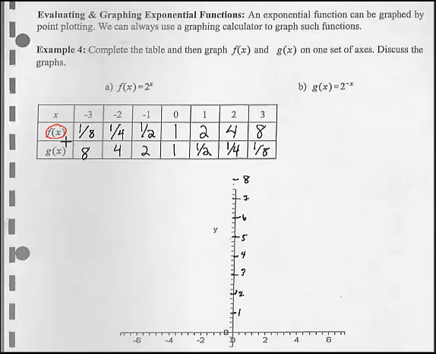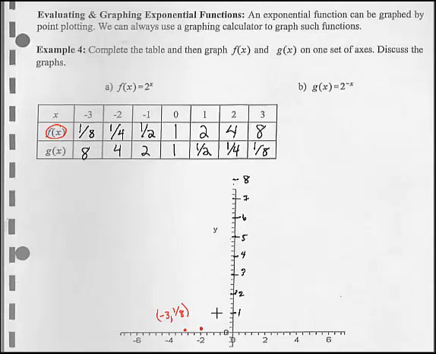Graphing f of x in red, I have negative 3 and an 8. I've divided my ones on my y-axis up into 4 units, and 1/8 would be half of a fourth, so I'd have my point fall right about there. Negative 3 and 1/8. Negative 2 and a fourth would fall right along that first tick mark on the y-axis.